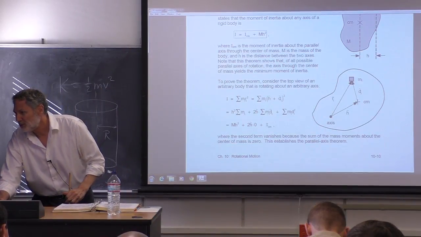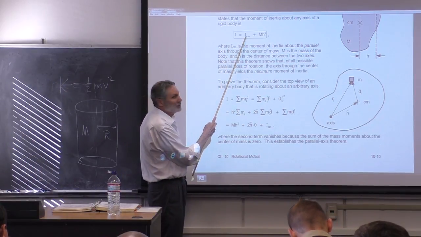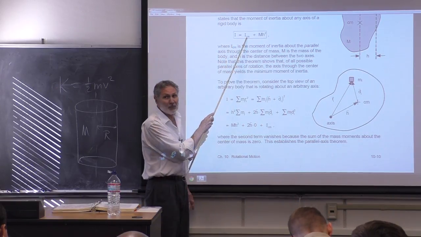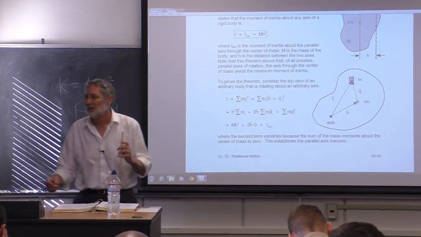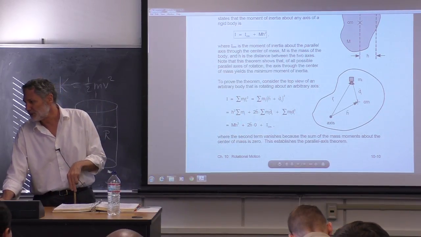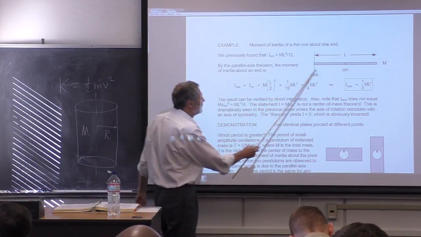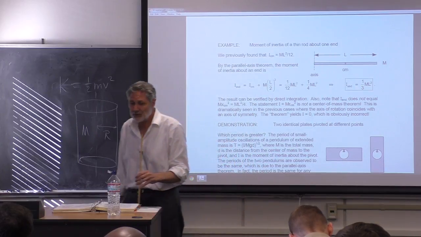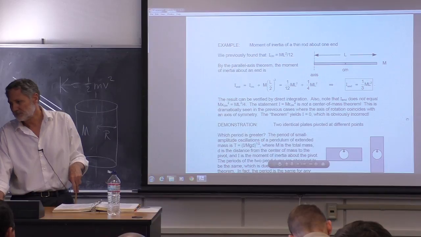If we know the moment of inertia about some axis, then we can find the moment of inertia about the center of mass. It's just algebra. So we can look at it two different ways. Most people remember this is 1/3, and then if they need it here, they can use the parallel axis theorem to get it.